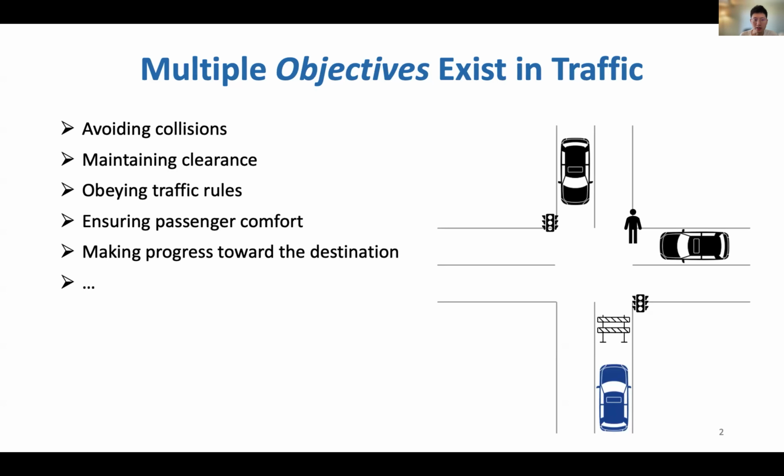For example, most of the time we would prioritize avoiding collisions over ensuring passenger comfort. So to develop our autonomous driving algorithms, we need a benchmark that considers all of these objectives and their priority relations.